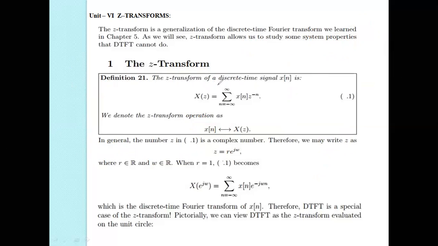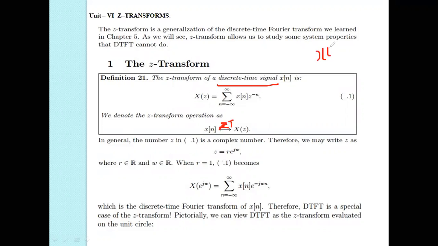It is a transform of a discrete time signal x of n. X of z is equal to the sum over n equal to minus infinity to infinity of x of n z power minus n. We denote the Z transform operation as x of n being a Z transform pair with X of z.